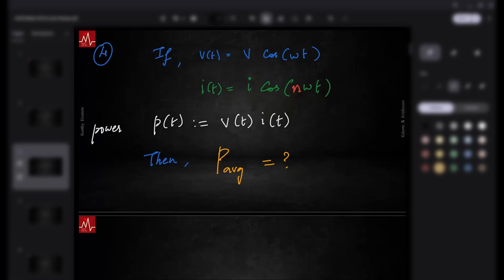Okay, so many of you are again close. Vaishnavi, Shraddha. V of t, I of t cos theta. Yeah, so Shraddha did, that is correct. So you're answering what is P of t, right? I'm asking what is P average. Do P of t and then take the average of that. What should that be?